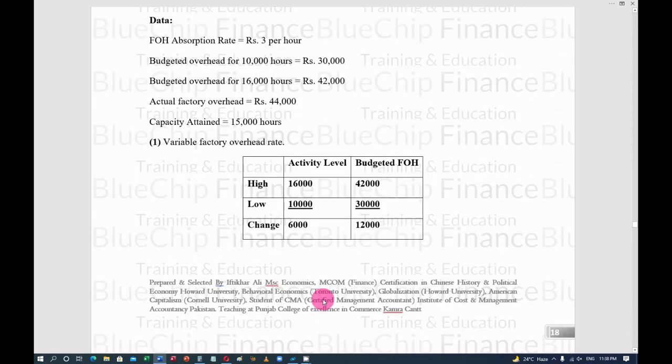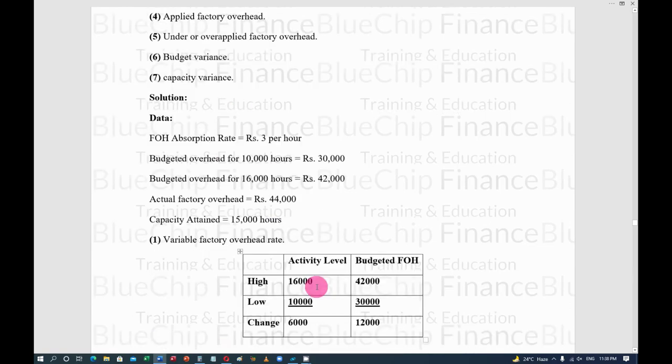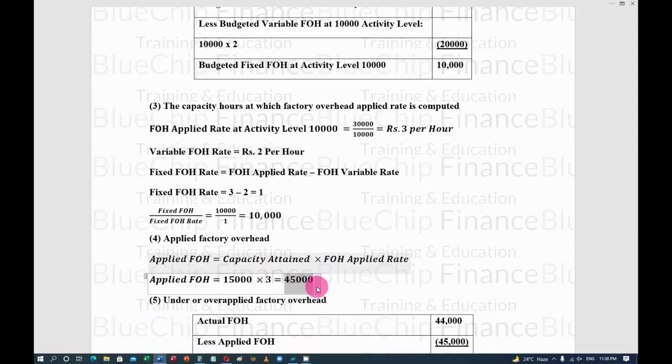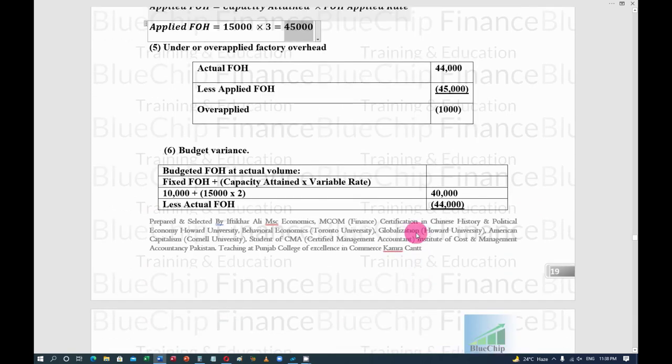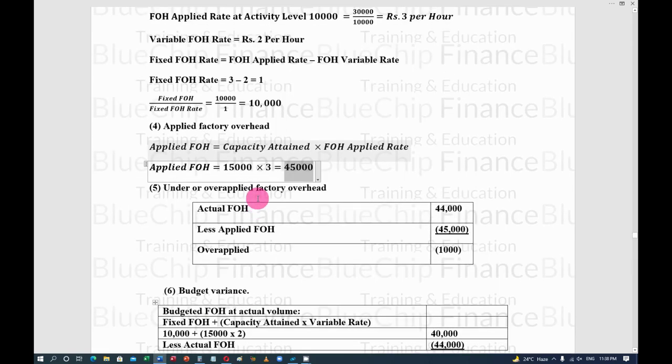The sixth requirement is to calculate budget variance, which, as you know, equals budgeted FOH at actual volume less actual FOH. Budgeted FOH at capacity attained, or actual volume, equals fixed FOH plus capacity attained multiplied by variable rate.